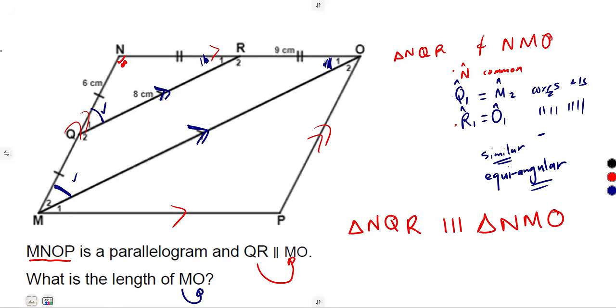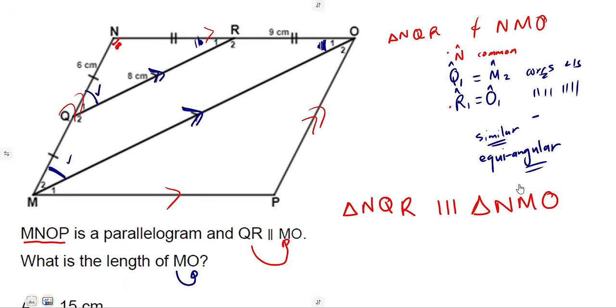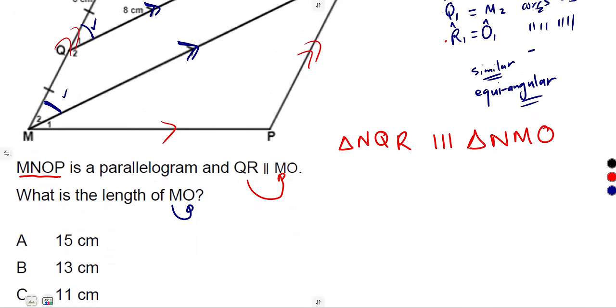we can use the ratio of sides just like before. Ratio of what? Sides. Supposed to be the same throughout. Ratio of what? Corresponding sides. It's supposed to be the same. Remember how we had that one, guys. You need to calculate MO. So we're going to have N to Q over what?